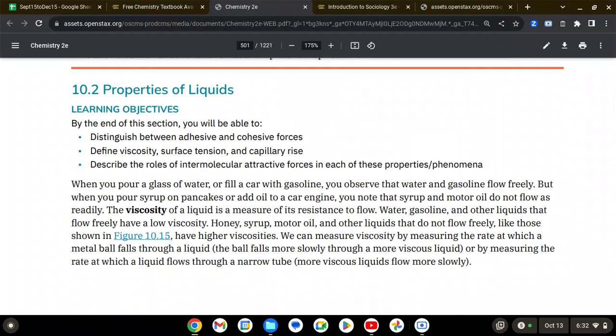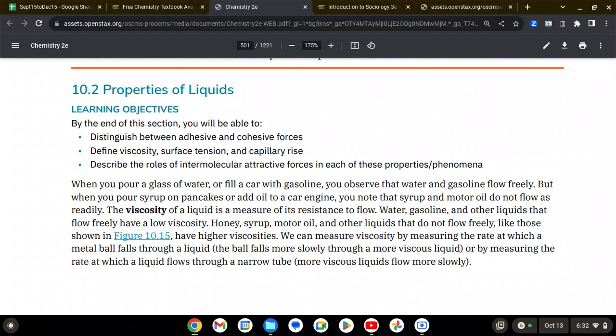When you pour a glass of water or fill a car with gasoline, you observe that water and gasoline flow freely. When you pour syrup on pancakes or add oil to a car engine, you note that the syrup and motor oil do not flow as readily.